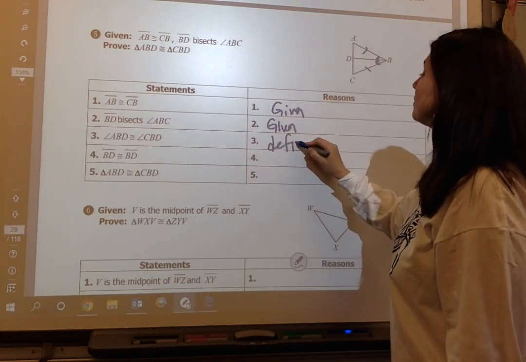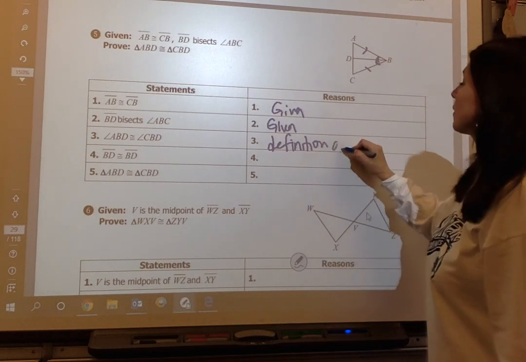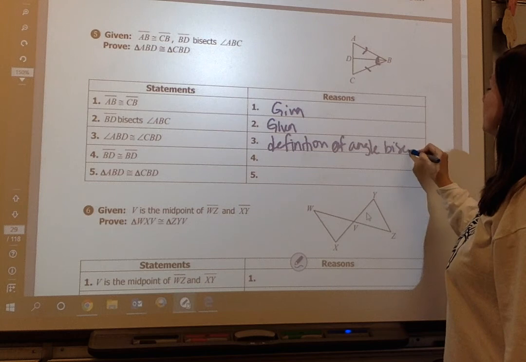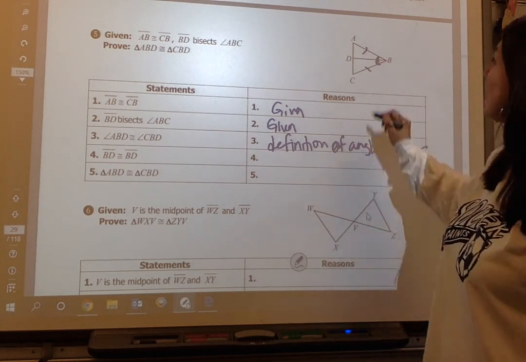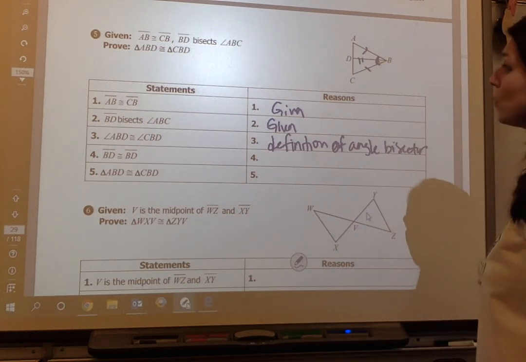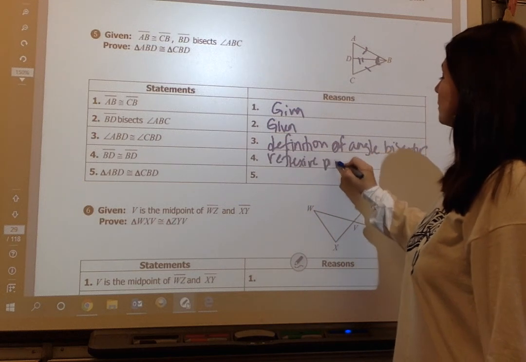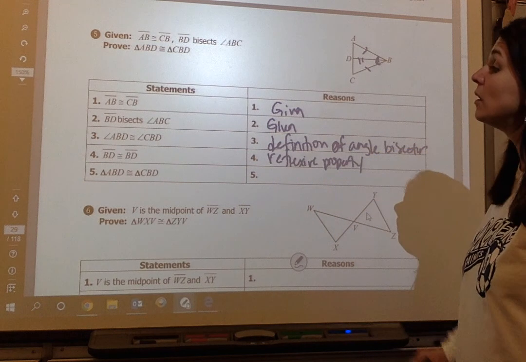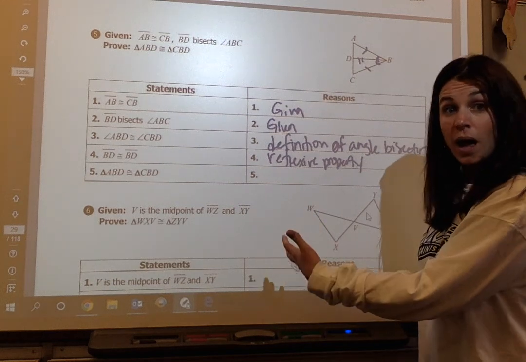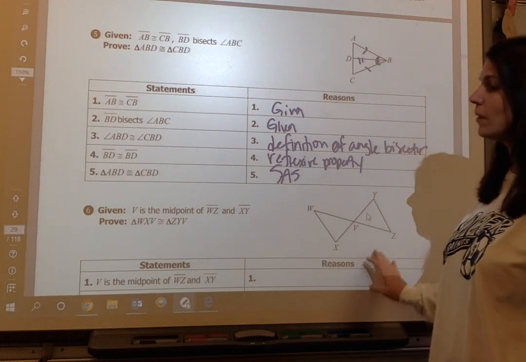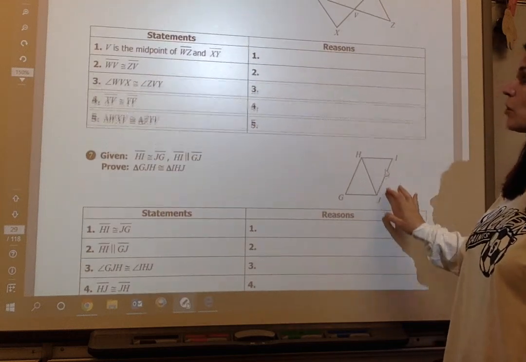Definition of angle bisector. And I can say that BD is congruent to BD because of the reflexive property. So now, my Big Daddy statement comes because of side, angle, side.